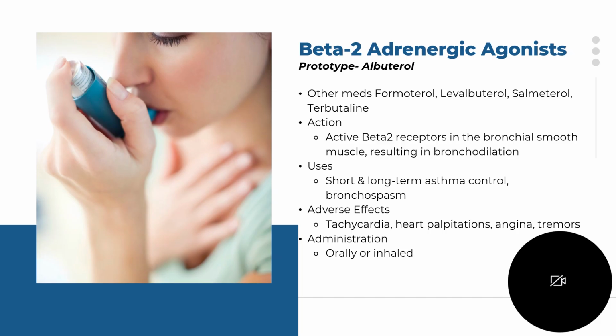So albuterol is short-acting. That is why I use it as a rescue inhaler. Salmeterol would be the prototype for the long-acting, okay? So those would be used at different times. I use the short-acting in acute asthma attacks for bronchospasms. The long-acting can be used more long-term just to control symptoms of asthma, okay?